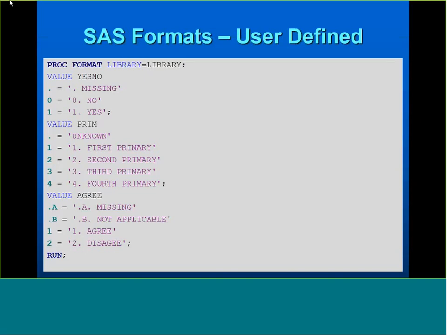The reason I'm showing you this for agree is that you can have multiple levels of missing in SAS, and you can specify what those missings are. In SAS, a dot in a numeric value means that it's missing. You'll see that from the way that I've coded the missing for yes and for prim. But after the dot, you can put alpha characters, and that can be used to specify different types of missing information.